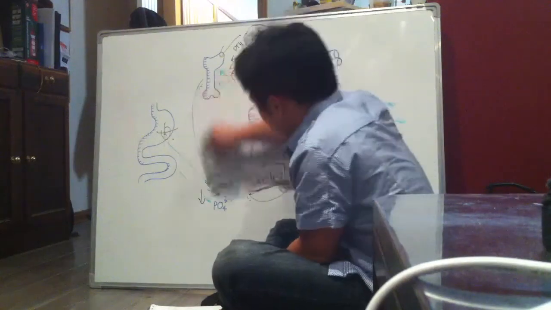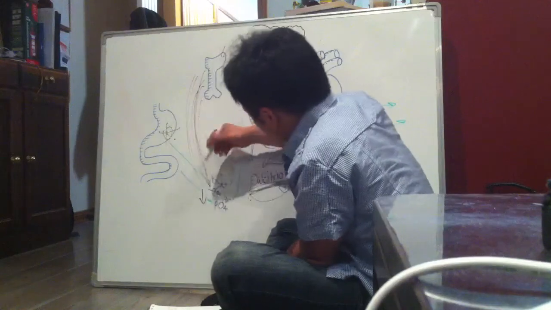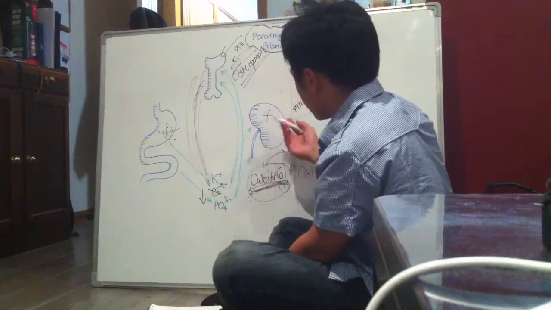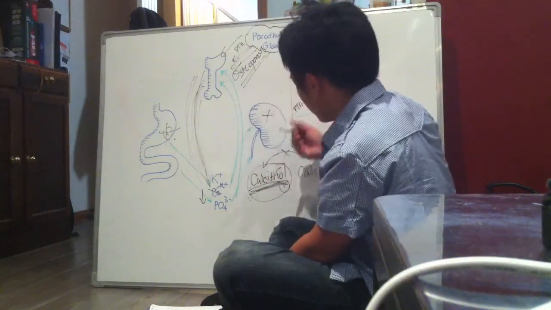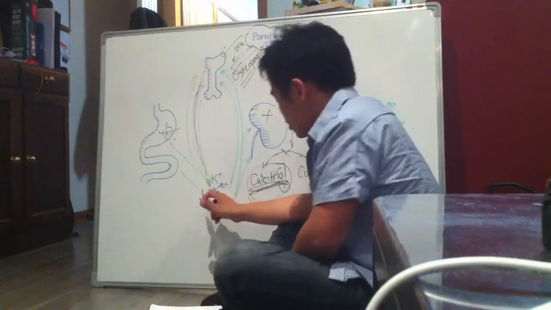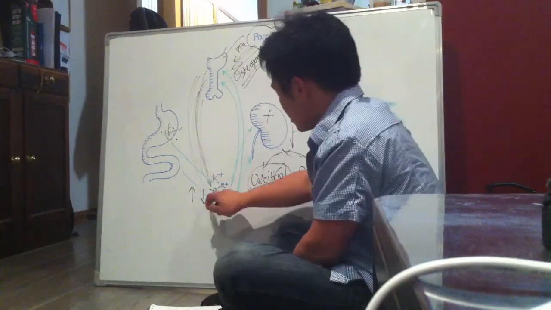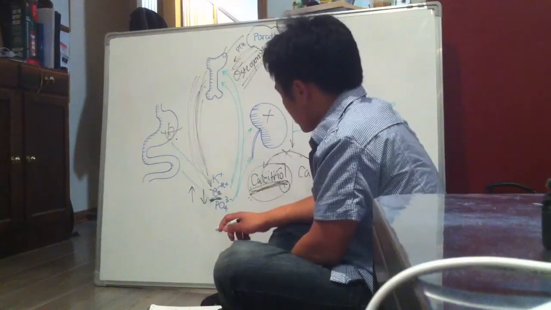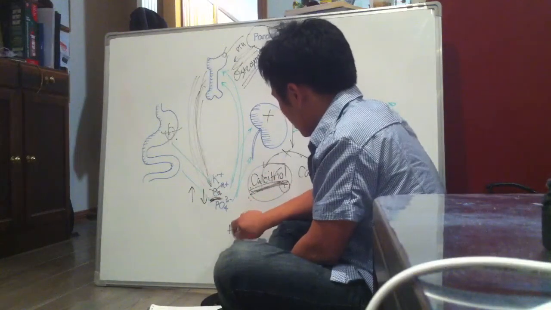What does that do? It increases the release of calcium from the bones. It tries to do this here, but it can't anymore because the kidney just doesn't convert this anymore. So that pathway is pretty much no. And then eventually you get an actual increase. You become hypercalcemic.